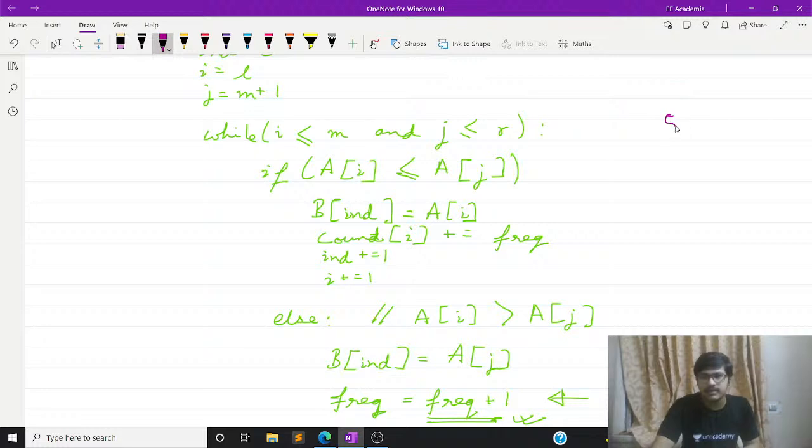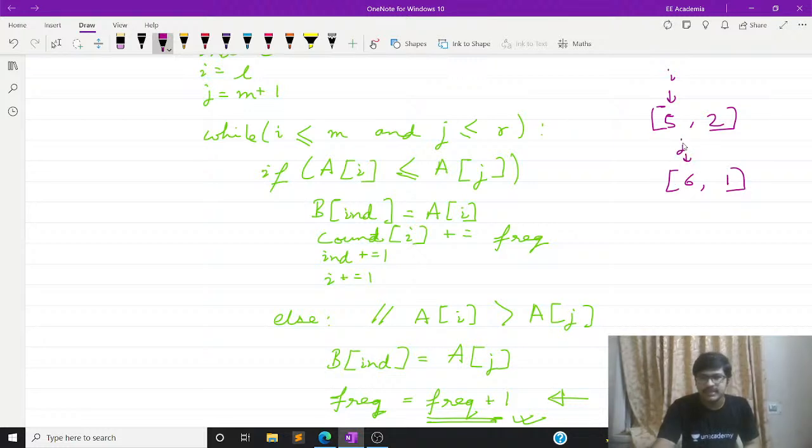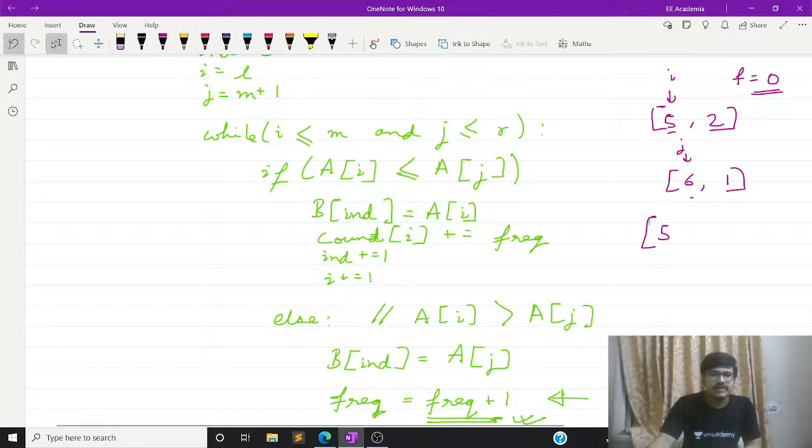If the arrays were like 5 2 and 6 1, the second array, this is the first array pointed by I, this is the second array pointed by J. So I first check this 5 and 6. 5 is smaller, first frequency is going to be 0, right? Initially it is 0. I just put 5 here, do nothing. Okay, sorry.